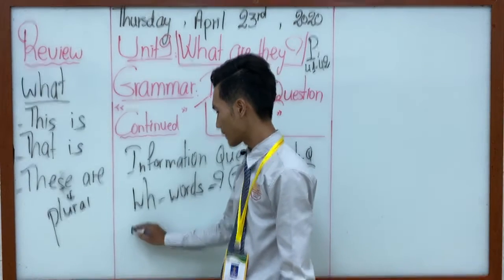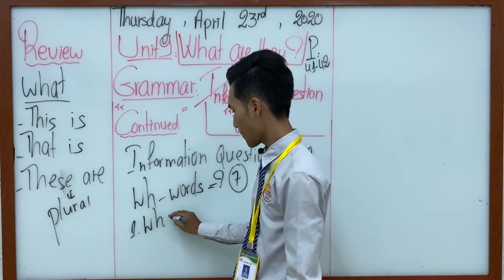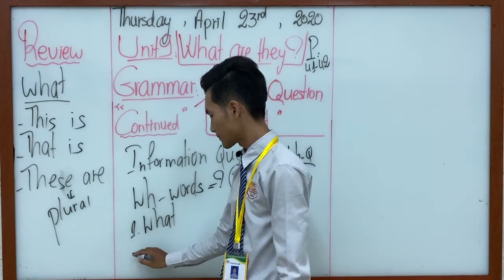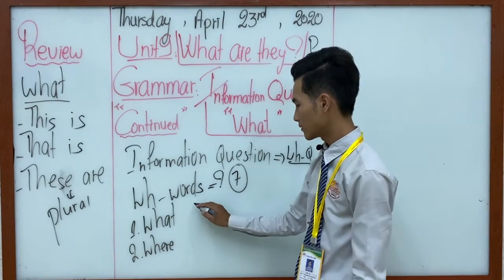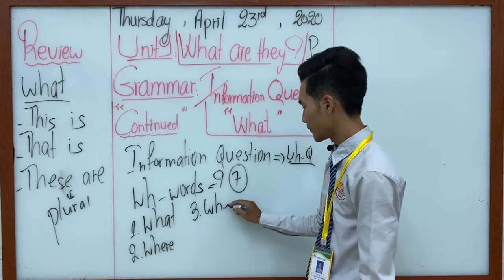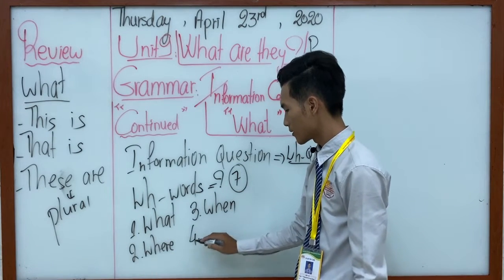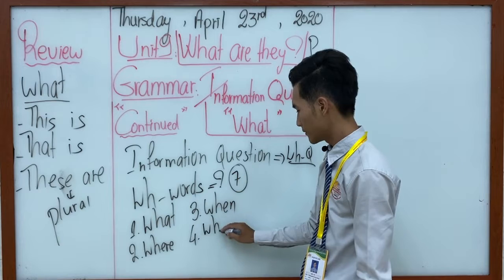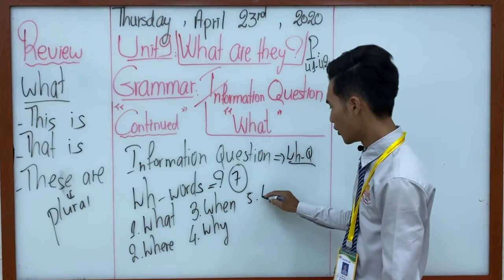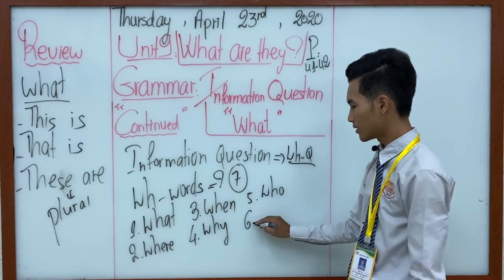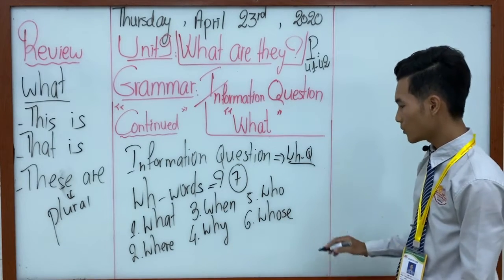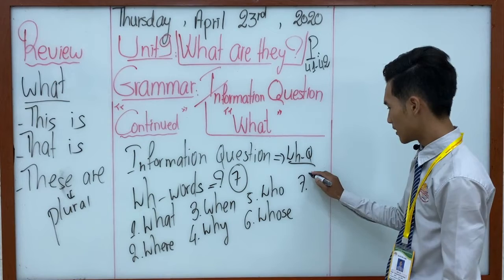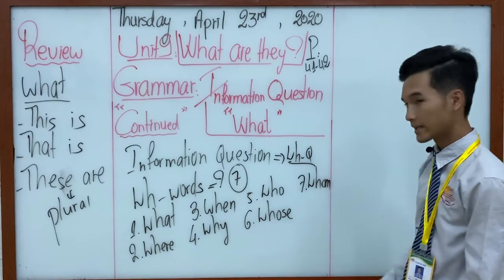Can you tell me? The first one is what. Where? When? Why? Who? Whose? That's all. And one more is whom, isn't it?